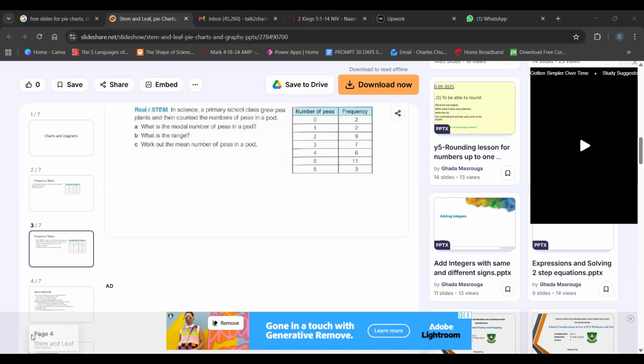Maybe I should annotate it so you'll understand what I'm saying. So you do it like this: 0 times 2, that's 0. 1 times 2, that's 2. 2 times 9, that's 18. 3 times 7, that's 21. 4 times 6, that's 24.